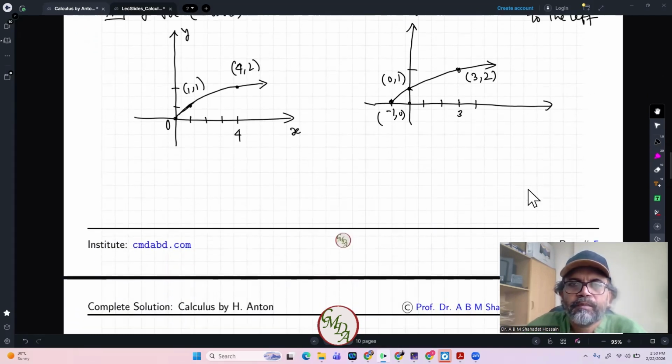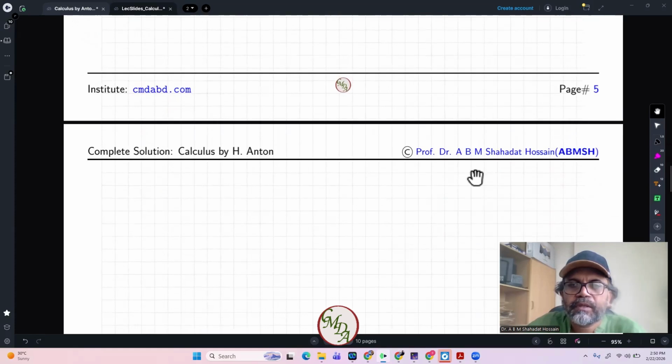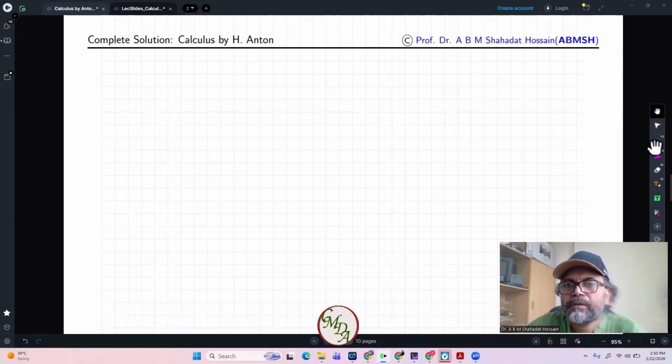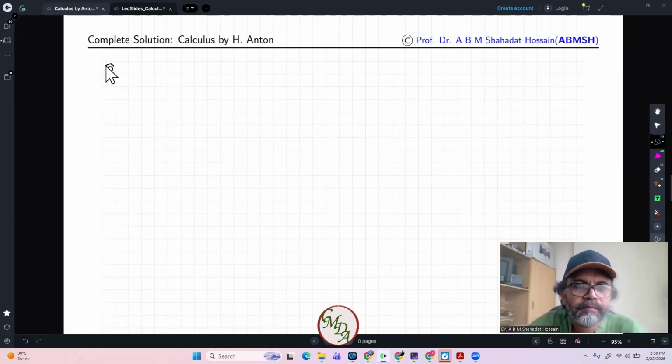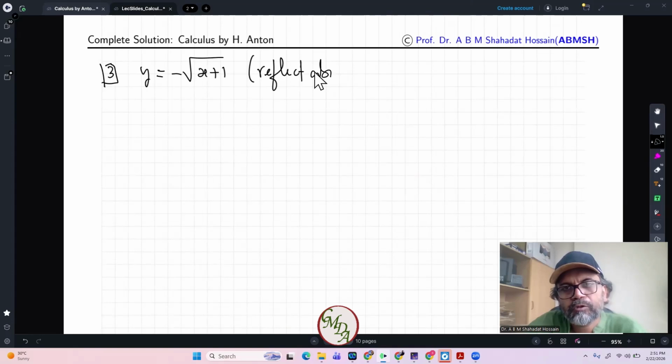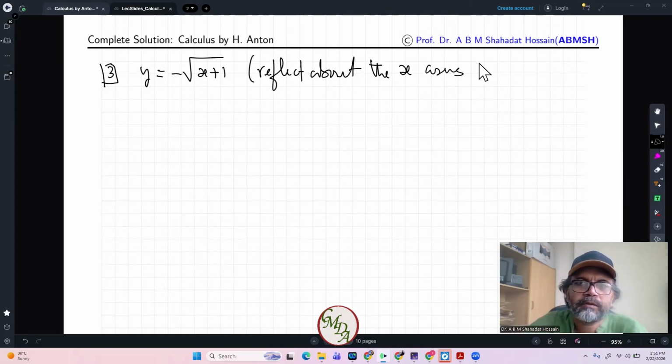Now we'll do the minus reflection of these things. Third case: we'll draw minus root over x plus 1, which is actually a reflection about the x-axis.